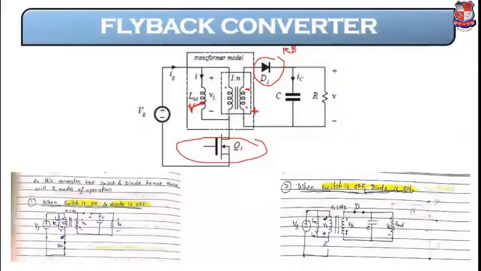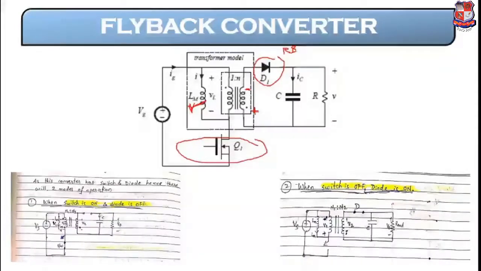In reverse bias the diode is not on, so the secondary side is open. Next case, when the switch is off but the diode is on: when the switch is turned off, the energy which was stored is reflected on the secondary side. Now this becomes negative and this becomes positive.